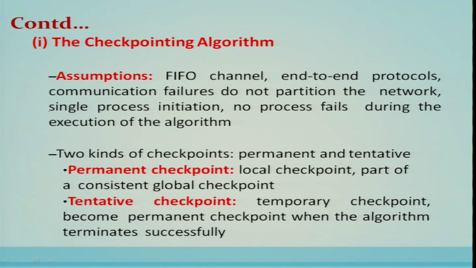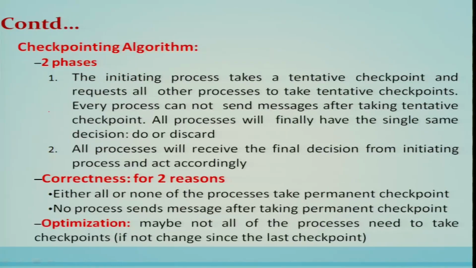There are two kinds of checkpoints in this algorithm. The first is called permanent, the other is called tentative checkpoint. A permanent checkpoint is a local checkpoint that is part of a consistent global checkpoint. A tentative checkpoint is a temporary checkpoint that becomes a permanent checkpoint when the algorithm terminates successfully. The checkpointing algorithm has two phases.